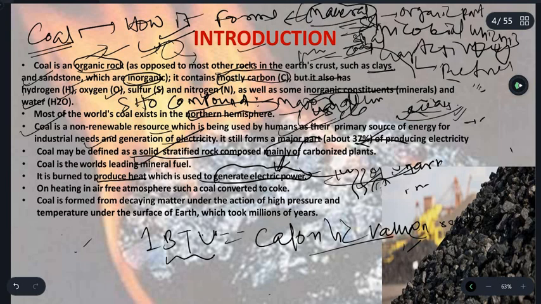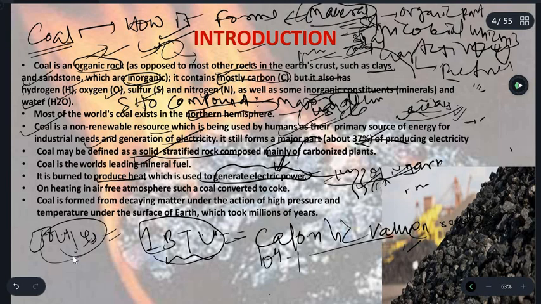Joules. Yes, joules can also be used. Why not joules? Then tell me, 1 British thermal unit is how many joules? 420 joules?